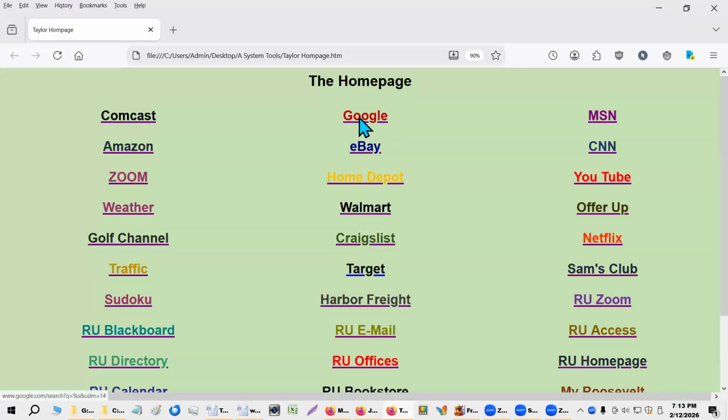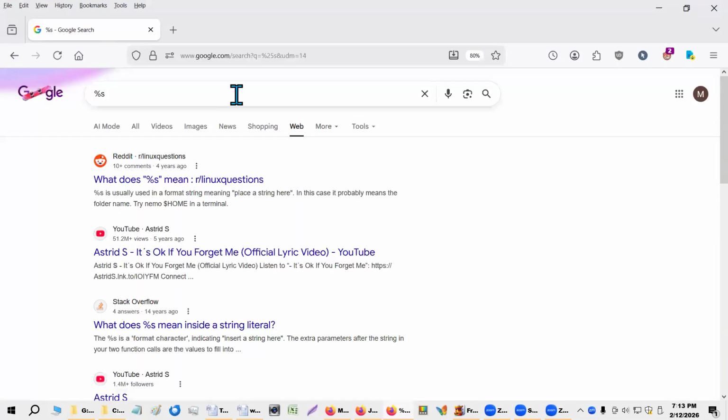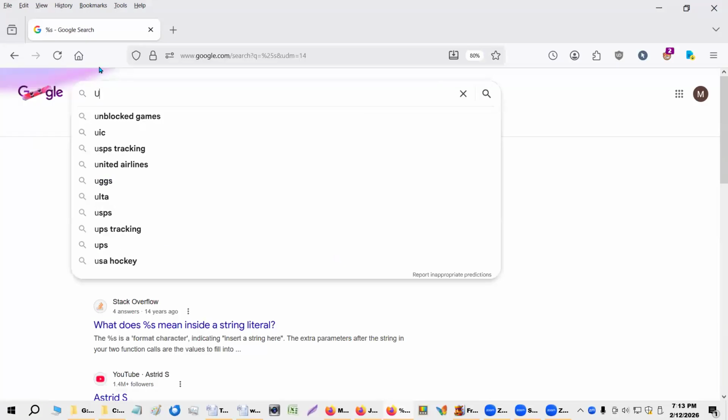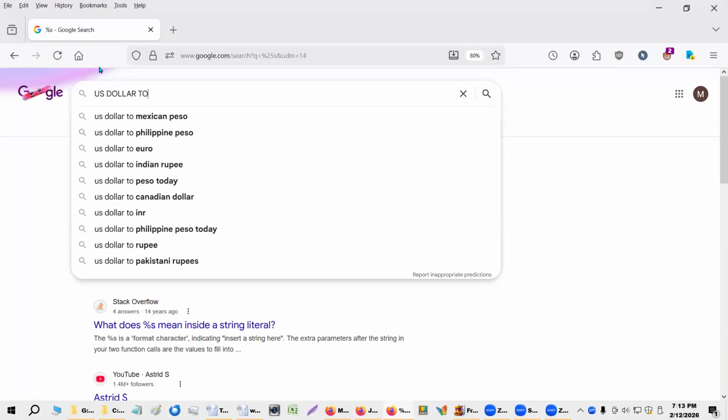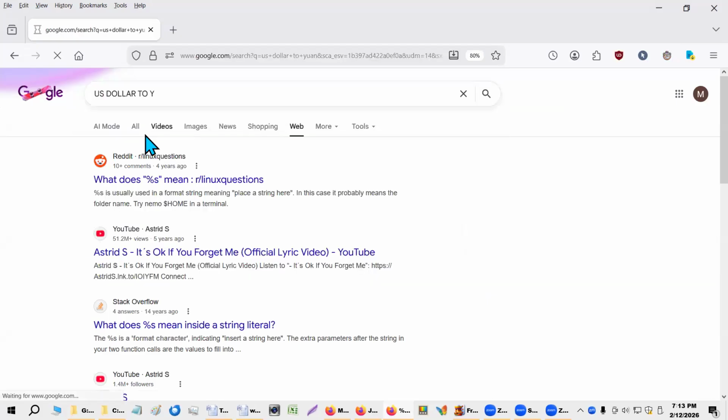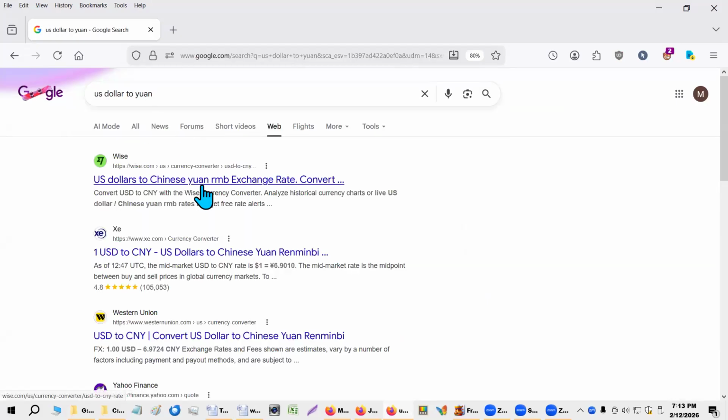It's a very important one. China has a tremendous amount of power.